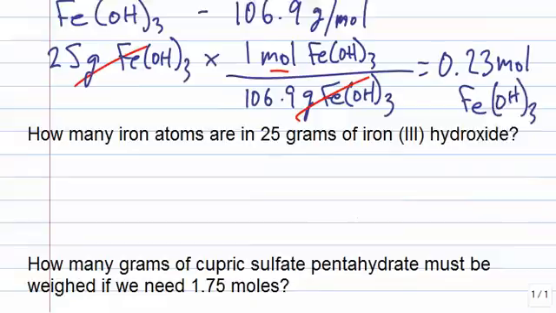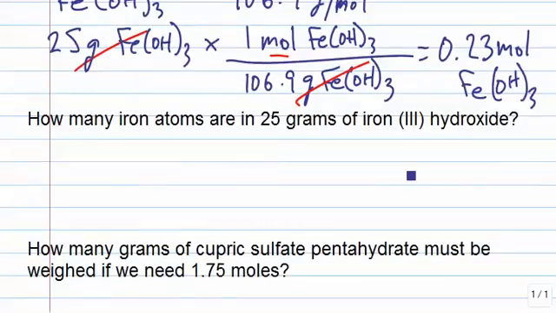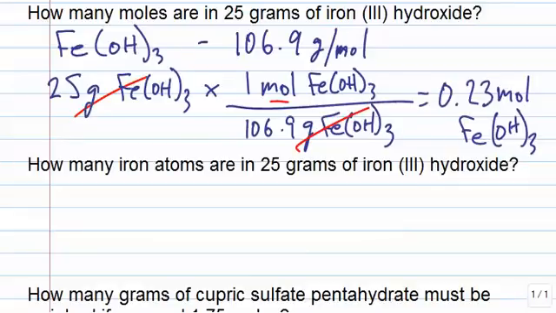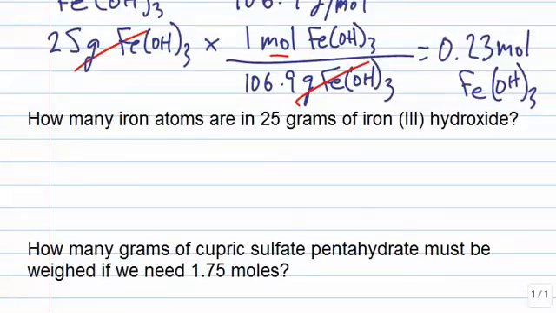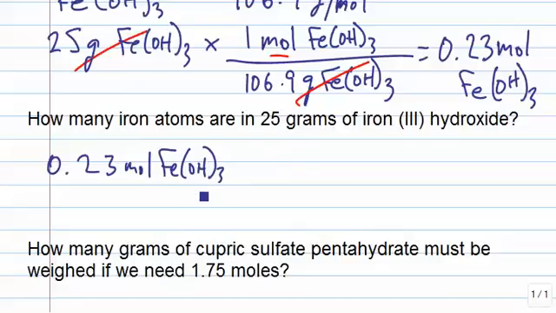Okay, so we already know how many moles in this case because it's exactly the same as the previous question. So we're going to take 0.23 moles of Fe(OH)3. That's where we begin. And we want to know how many iron atoms, right? So we have to figure out how many iron atoms are in a molecule or a formula unit of ferric hydroxide, which in this case is 1.